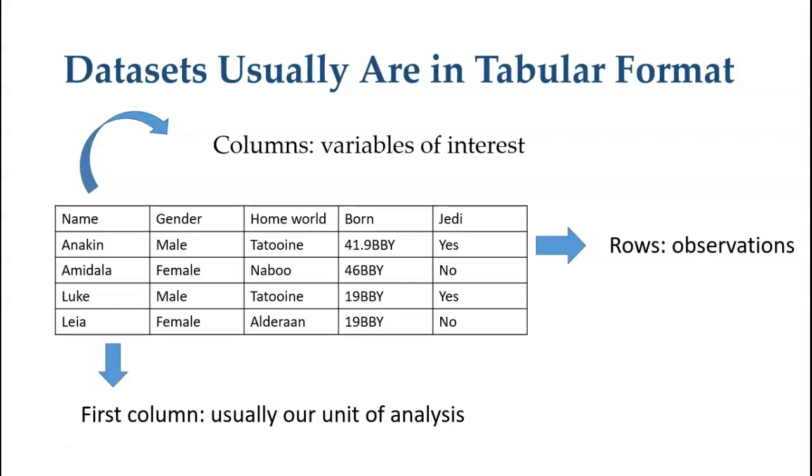In this case, the unit of analysis is individuals, characters from Star Wars. So you can see that Anakin, Amidala, Luke, and Leia are the names of the observations of these units of analysis. Okay? This is very basic.